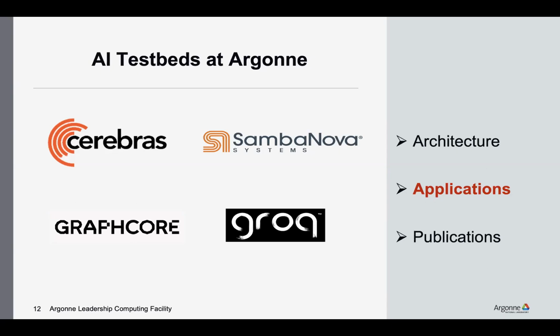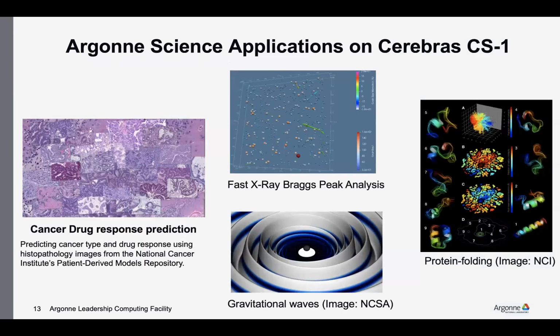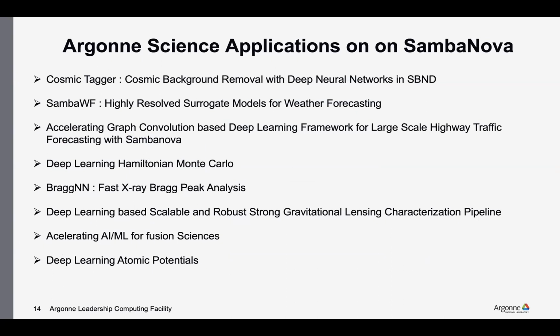Now we'll talk about the applications that various groups and people at Argonne are working on porting to these architectures. For Cerebras CS1, there is work going on to port various applications, from cancer drug response to protein folding to gravitational waves. Next, for Sambanova, there is work going on to port applications to Sambanova's system.